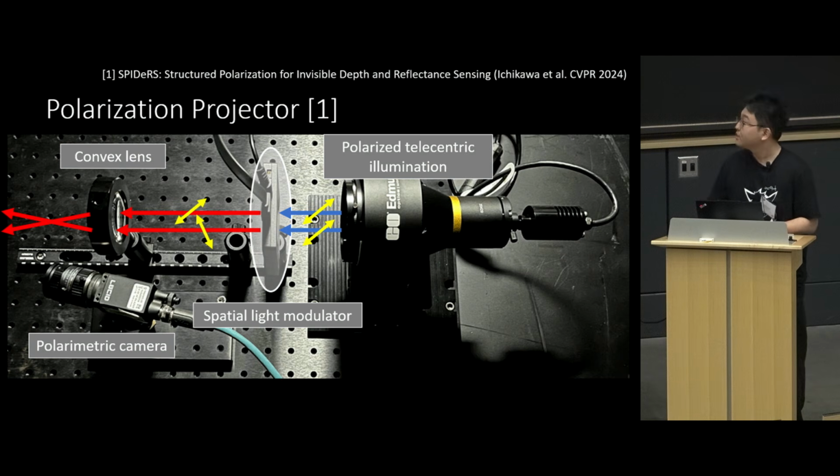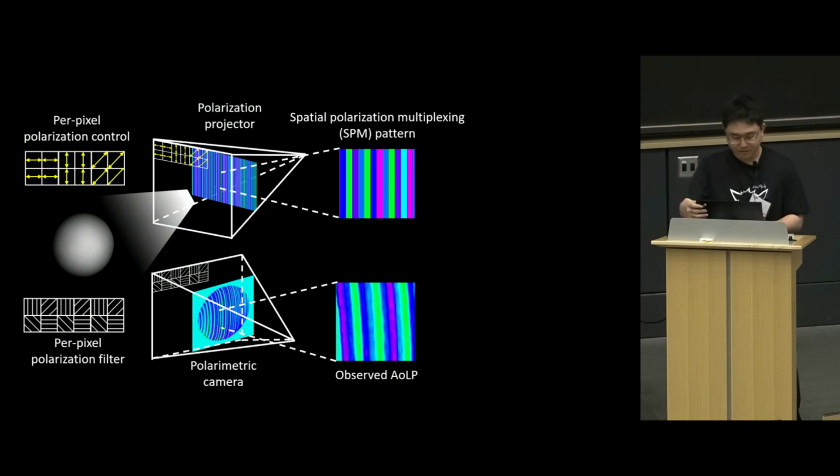In contrast, in this work, our method enables single-shot sensing and dynamic surface reconstruction with a novel polarization pattern. We design a striped polarization pattern with quantized AOP values for single-shot shape and reflectance sensing. This pattern is projected from the polarization projector, and the polarimeter camera captures the reflected polarization pattern in a single shot.